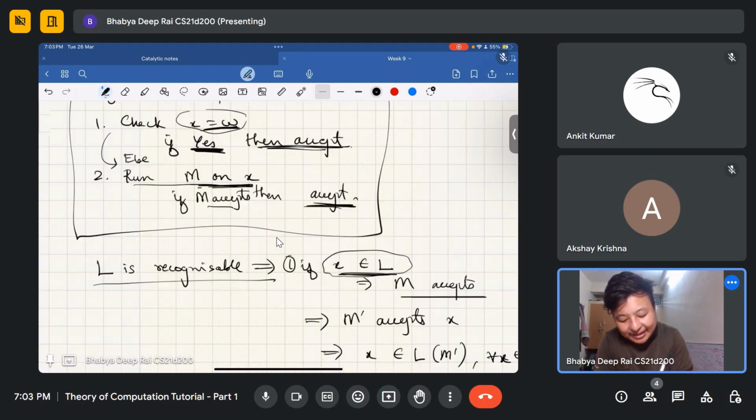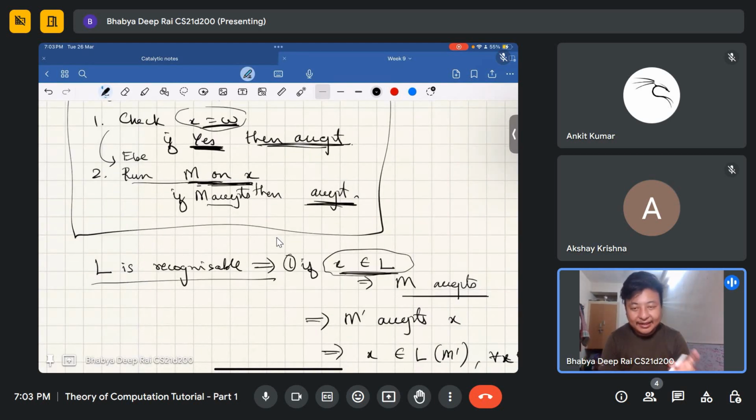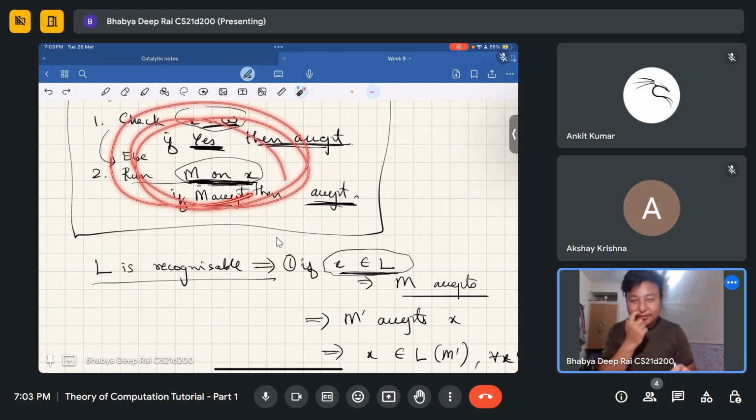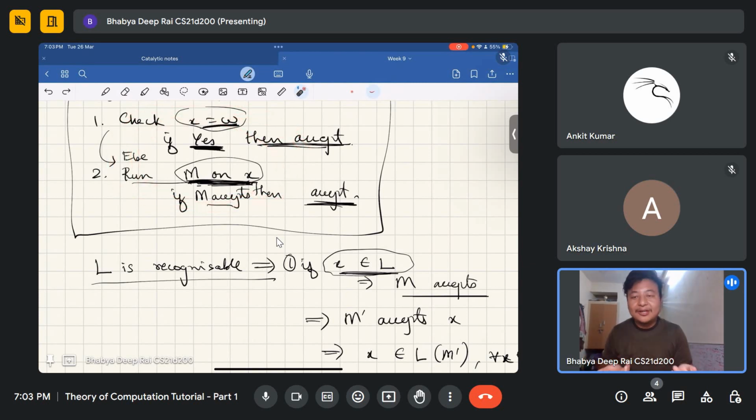For example, if X is not in LW, then for that bad X, M may loop, and therefore this entire thing will loop. But that is not a problem because it didn't belong to LW anyway.